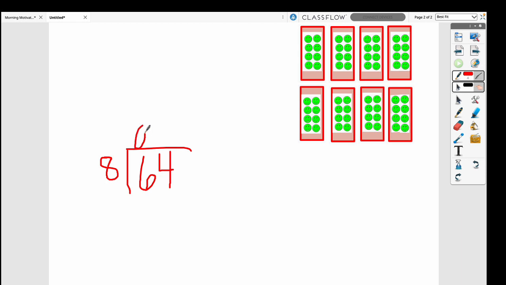So I have 8 equal groups of 8. Also, check your work. Your number on the top, which is your quotient, right? 8. If you multiply your quotient times your divisor, so 8 times 8, it should equal 64.